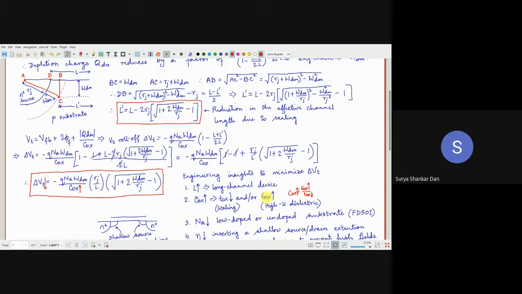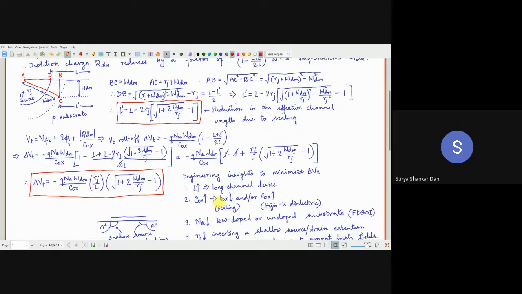How about increasing epsilon OX? Epsilon OX can be increased by using high K dielectric. Previously we have already seen that high K dielectrics were necessary to avoid direct gate tunneling. Now we come to the second advantage of using high K dielectric. Epsilon OX will be increased, so your VT roll-off will be decreased. Okay, everybody? So this is our second insight on how to reduce VT roll-off.